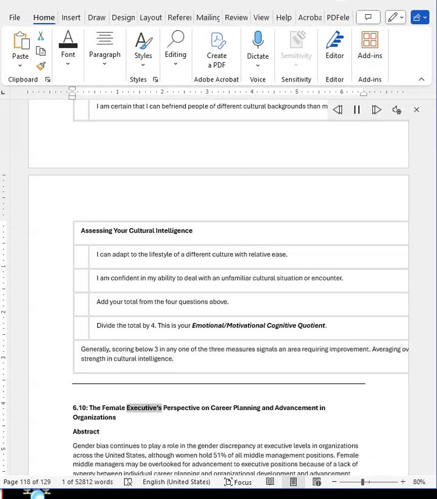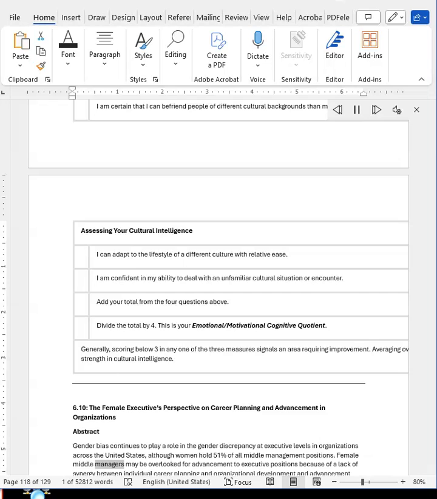6.10. The female executive's perspective on career planning and advancement in organizations. Abstract. Gender bias continues to play a role in the gender discrepancy at executive levels in organizations across the United States, although women hold 51% of all middle management positions.